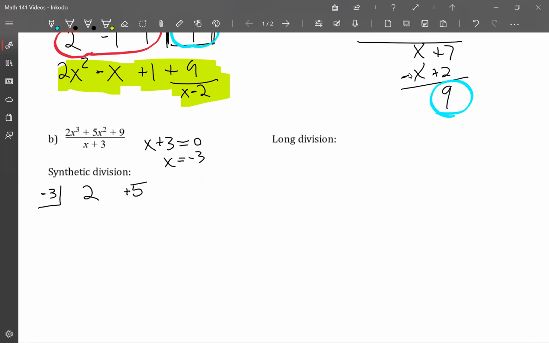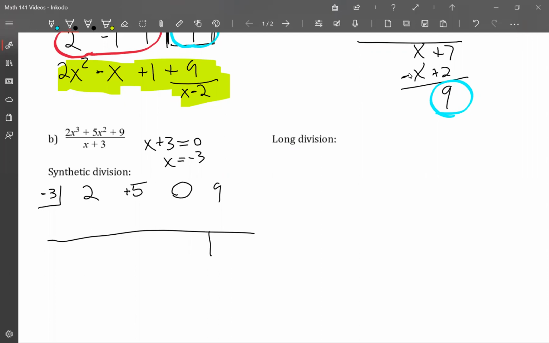There is no linear x term. So we're just going to put a 0 there. And then the 9 for the constant term. So we put that 0 there to keep a placeholder for the missing x term, which is very important. Without it, we're not going to get the correct solution.